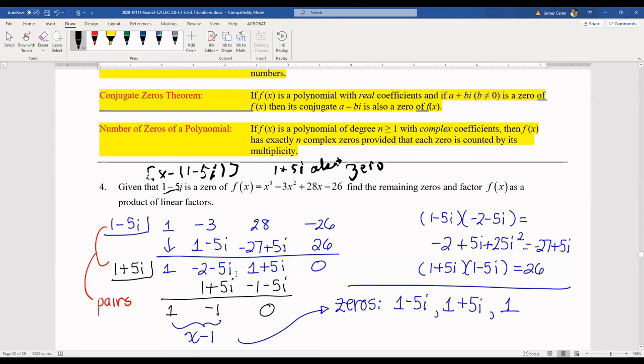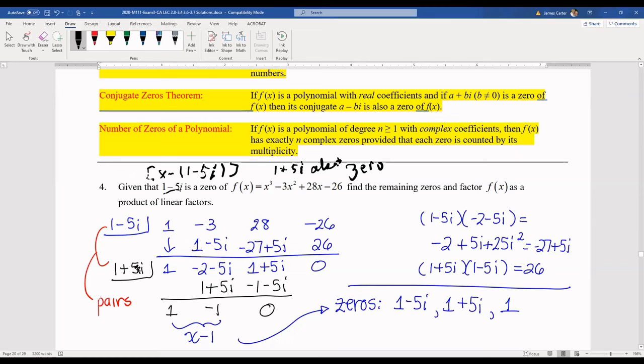And in turn, I'll show you what it looks like in a little bit. Okay, so we do this division, comes out with a 0 remainder.